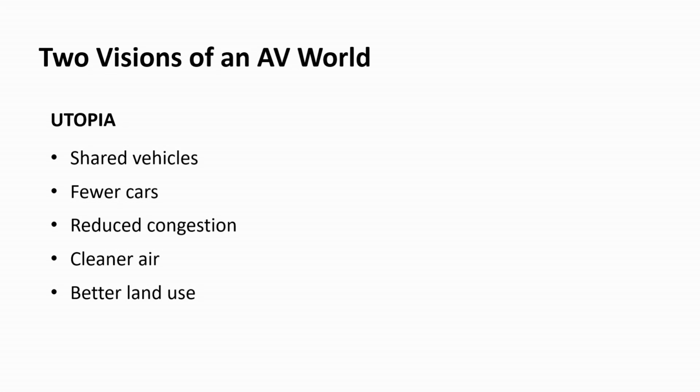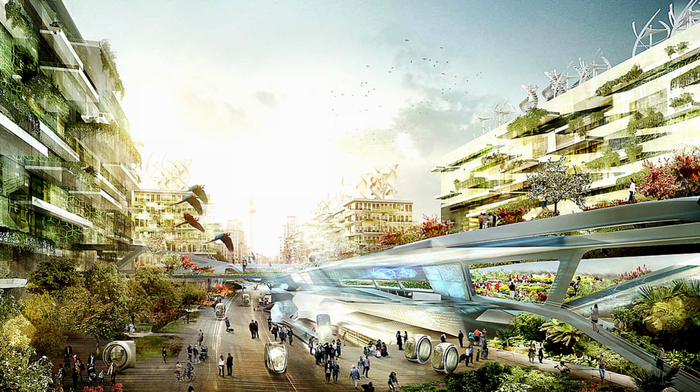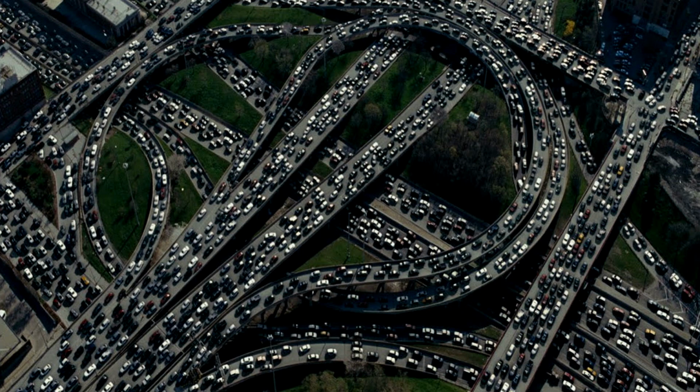Oh, it's going to make things so much better. And then opposing this is the dystopian vision: privately owned vehicles, zero-occupancy cars or zombie cars roaming the streets, more cars, more traffic, more pollution, more sprawl. Or in visual terms, heaven or hell. And this was my commute from LAX to Redlands on Monday afternoon.